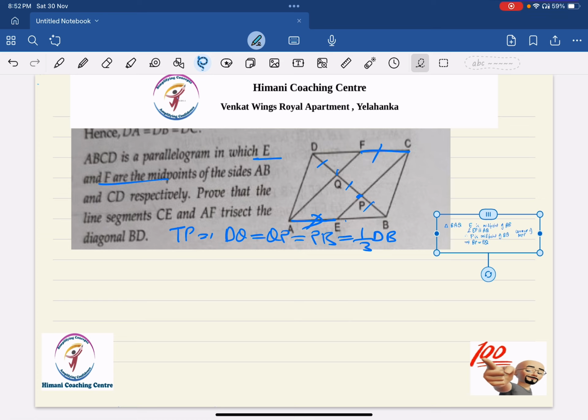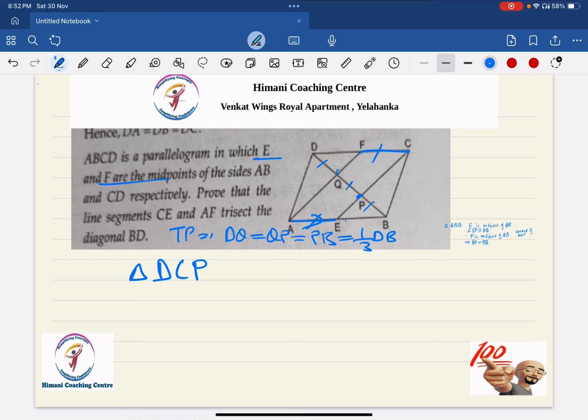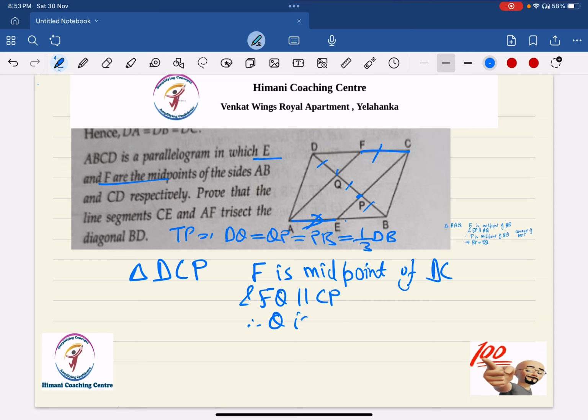Now we go to the other triangle, DCP. Now see, F is the midpoint of DC, given to us, and FQ is parallel to CP. So therefore Q is the midpoint of DP.